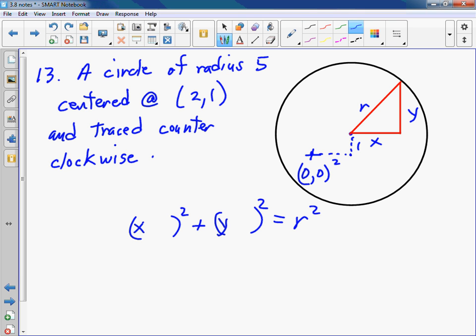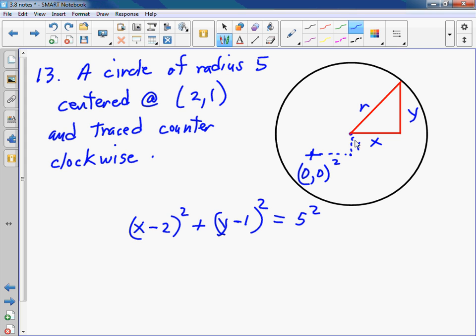So now this would be x minus 2, because that's the x coordinate, and y minus 1, quantity squared. And that would get you there, and r we know is 5.